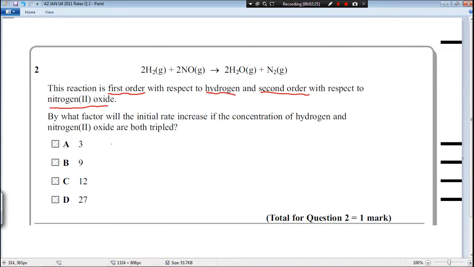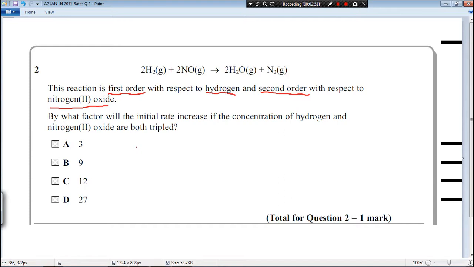At first let us build up the rate equation for this reaction. You can see that all these are in gaseous state, the reactants as well as the products are all gases. In order to find the relationship between the reactants and the rate, we need the rate equation.